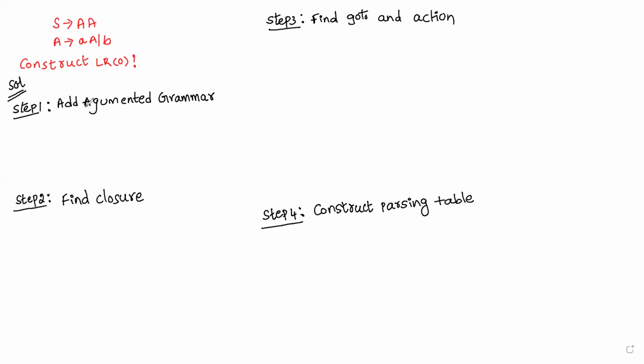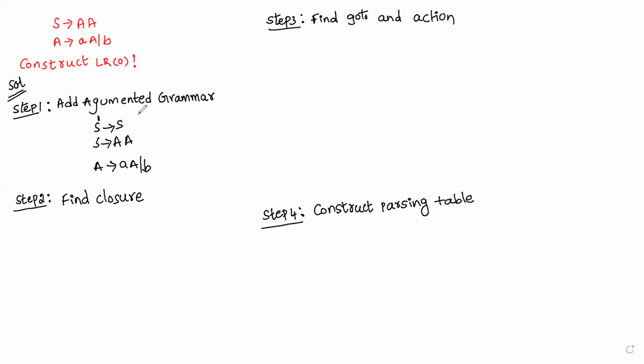Let us look at adding the augmented grammar. The given grammar is S → AA, A → aA | b. So what is meant by augmented grammar? Look at the first value, which is S. So just write S' → S. Remember, when it comes to augmented grammar, you just need to add a dash to the first value.